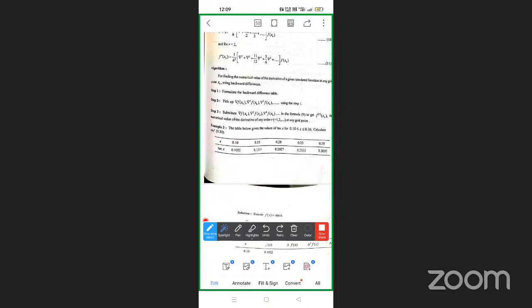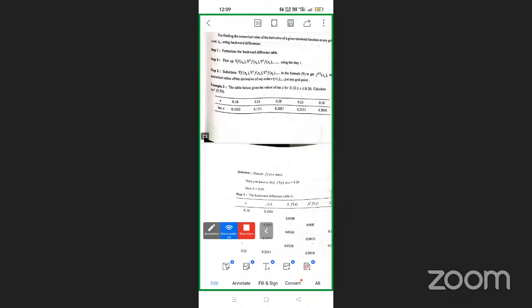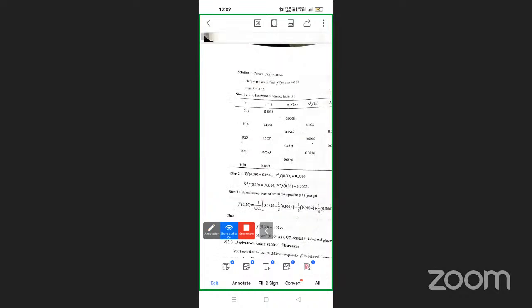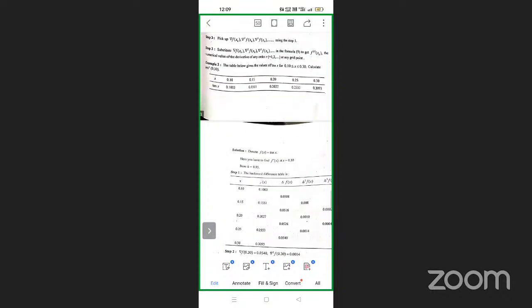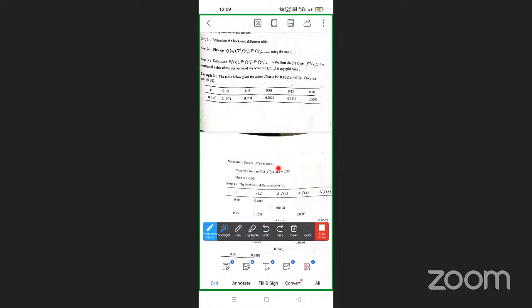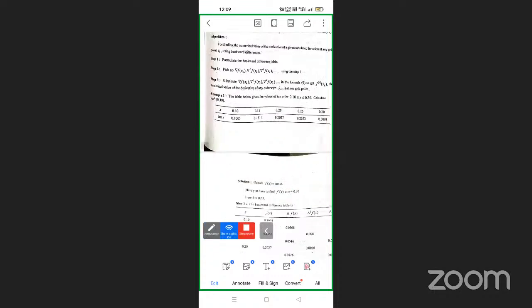We have to find f dash of x at the point 0.30.